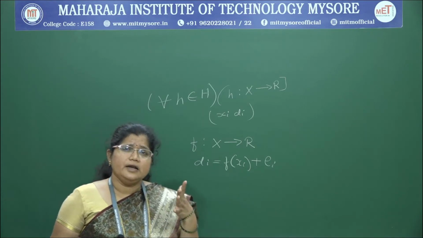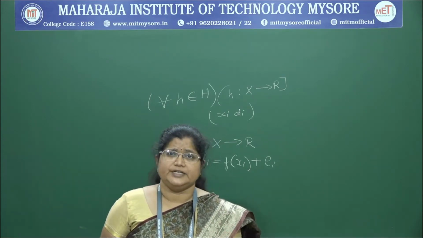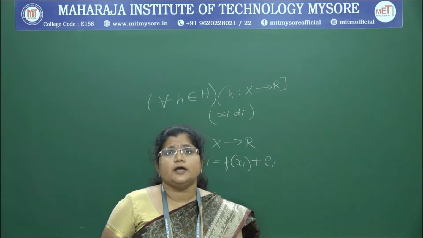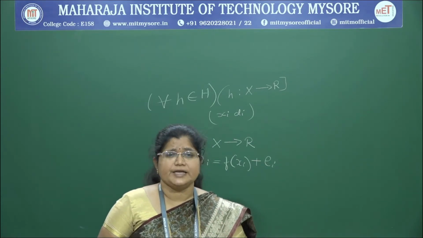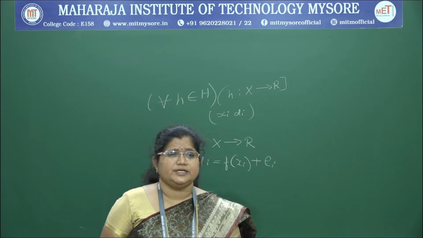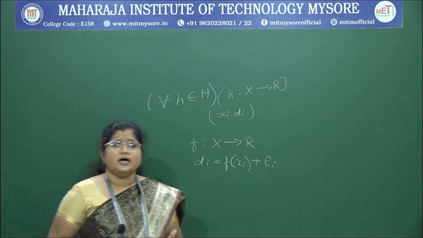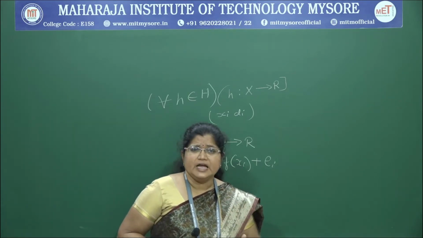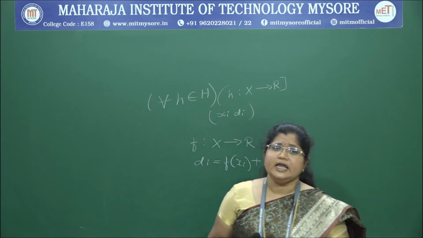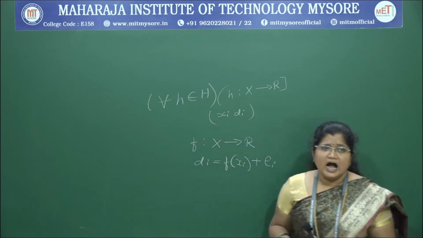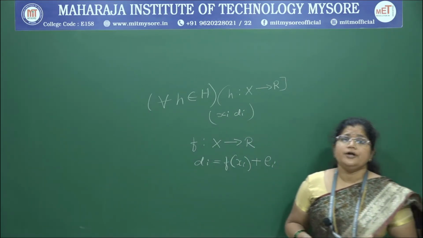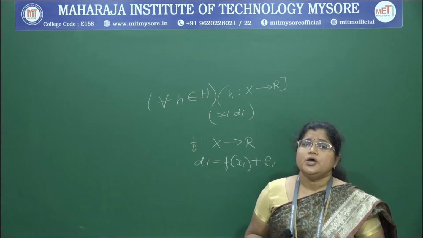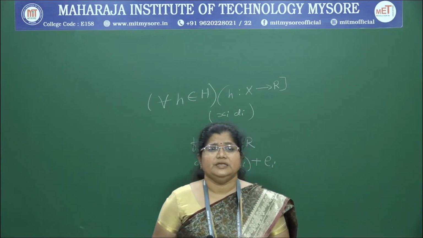In a large set of data, we can expect a few erroneous training examples to be present. It is assumed that the values of ei are drawn independently and that they are distributed according to the normal distribution with a zero mean.